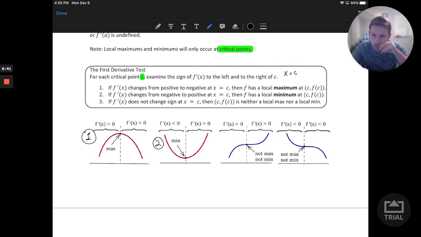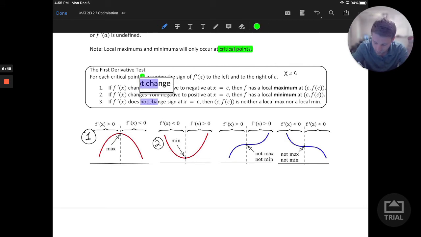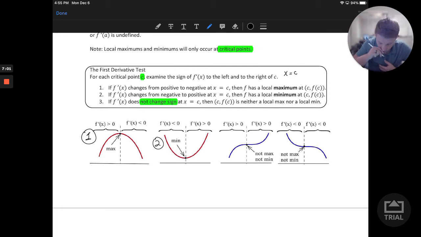Third option we could have is, what if f prime of x does not change sign? If f prime of x does not change sign, then we're going to have what we'll call a saddle point, one way or the other, either where it's all increasing or all decreasing, and we have that singular critical point that still has the tangent slope of 0, but we actually don't change the increasing or decreasing nature of the function.